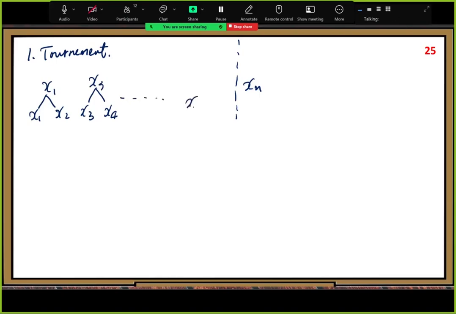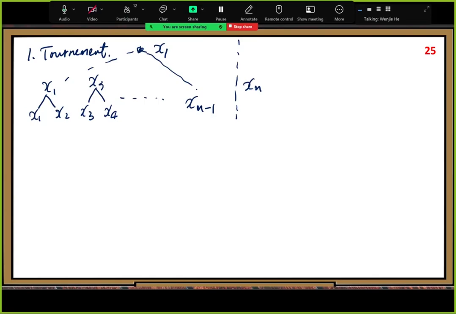Up to n-1. Tournament method. All the way to the top, because with the tournament method, at the end you have a winner in this tournament. Let's assume x1 is the winner.